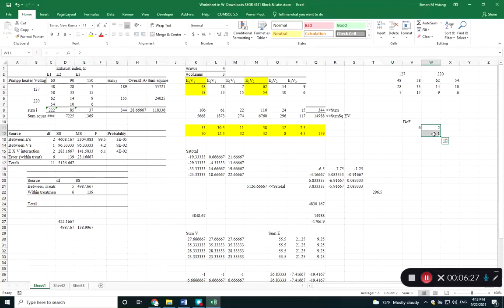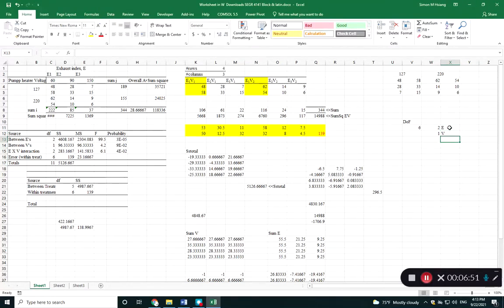In reality, they are all correct. This is the main effect from the voltage. So we can consider that this is the different E exhaust, and this is the effect of the voltage.